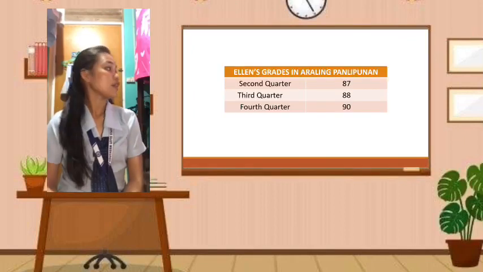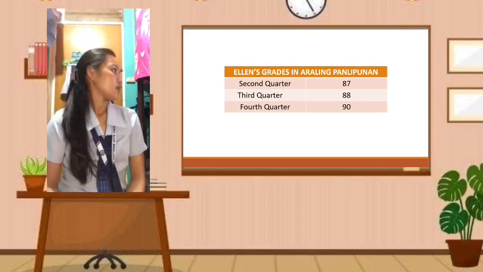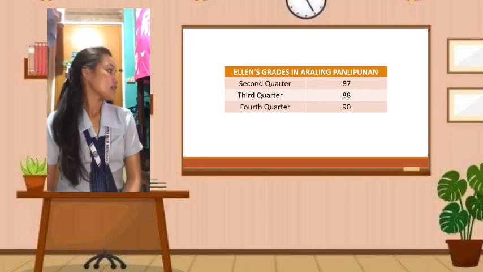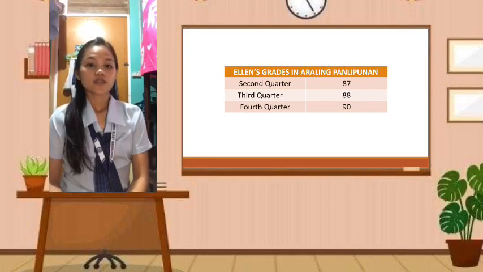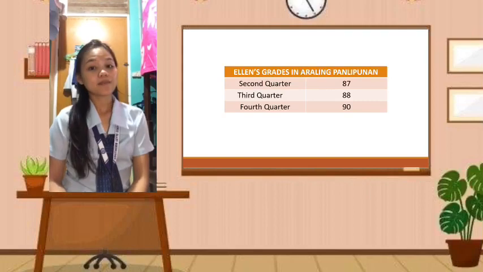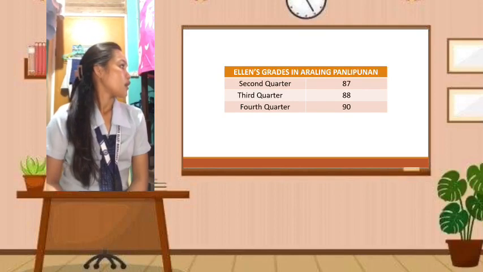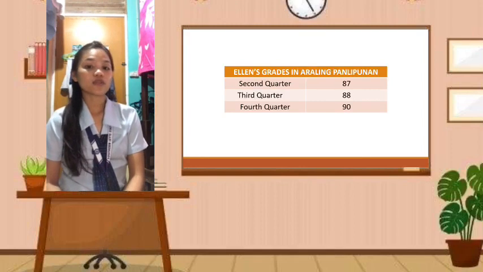So we have here Ellen's grades in Araling Panlipunan: 87, 88, and 90. To get Ellen's grade in Araling Panlipunan, we will add the third and the fourth quarter grades, excluding the second quarter.